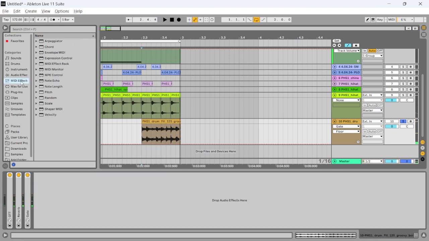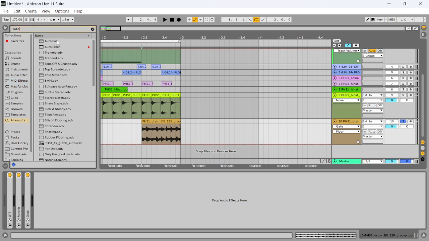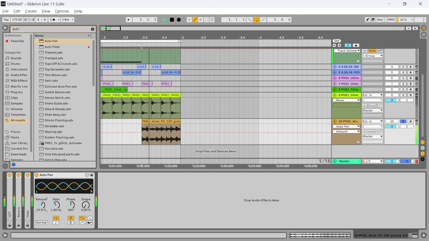And maybe let's also do like an auto pan. It's like d. So that's a 16th note. Oh.